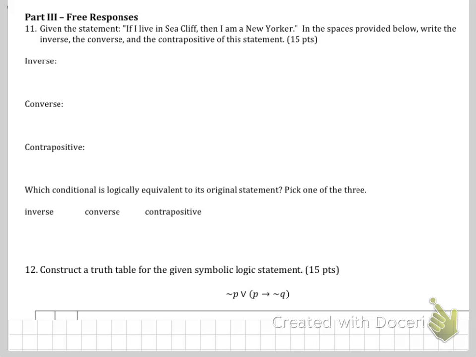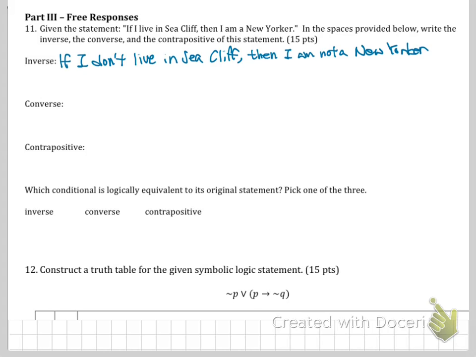So therefore, our writing will be, if I don't live in Seacliff, great town by the way, then I am not a New Yorker. Notice that I put the word not, or don't.